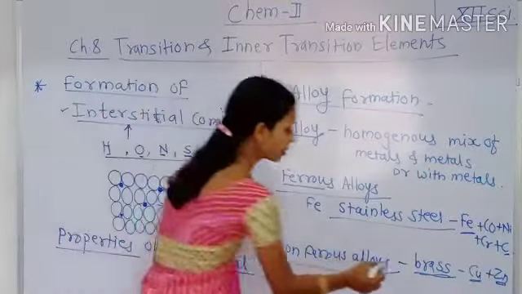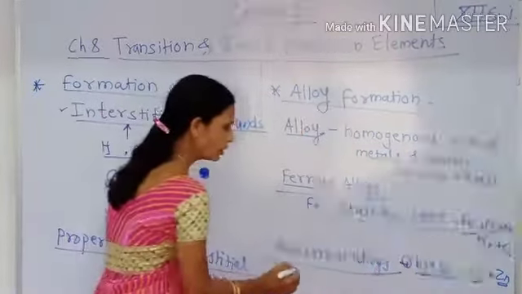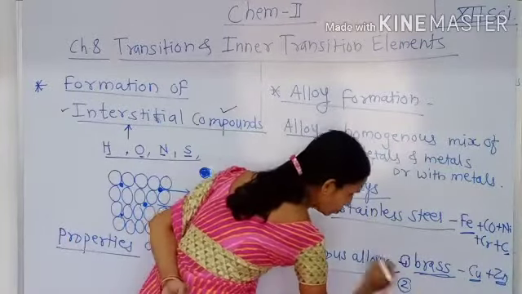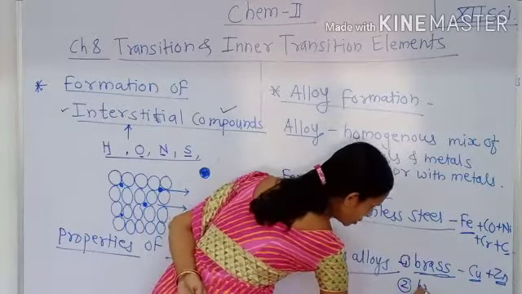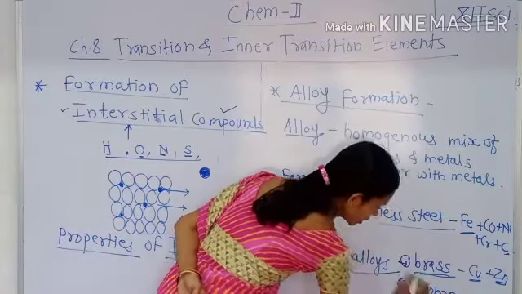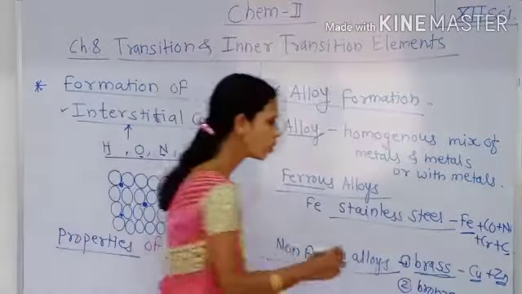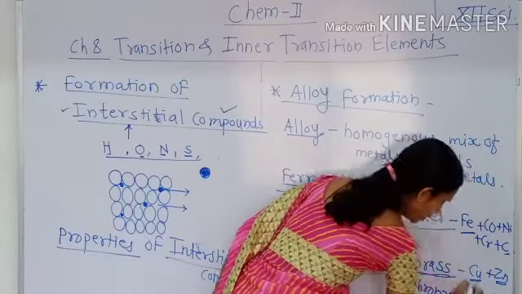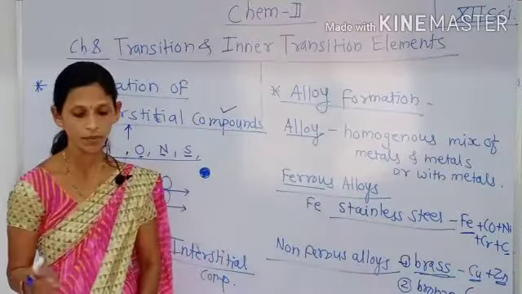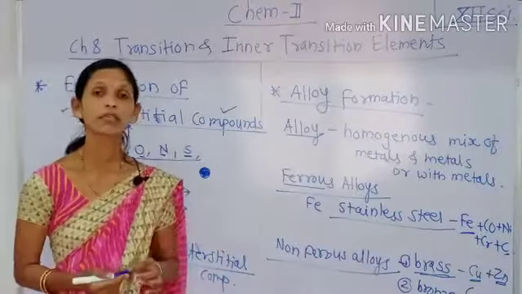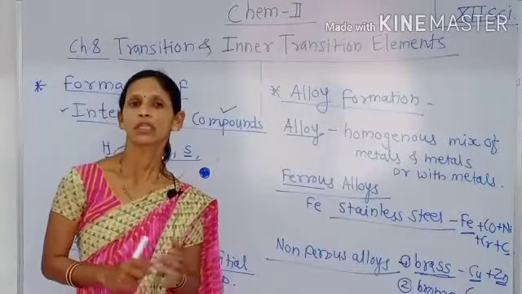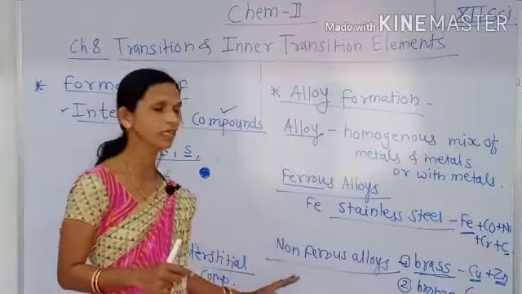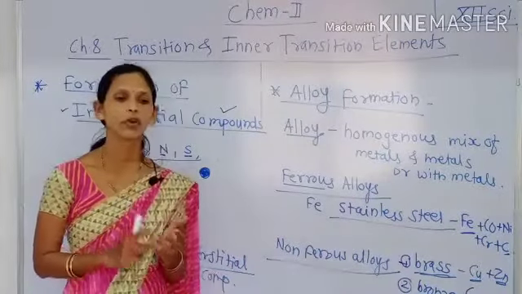Then one more non-ferrous alloy that all of you know is bronze. Bronze is an alloy of copper and tin, Sn. We will now discuss the uses of these ferrous and non-ferrous alloys.